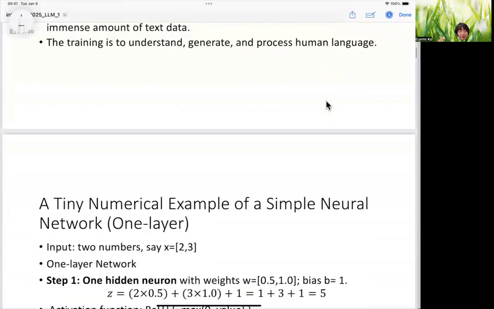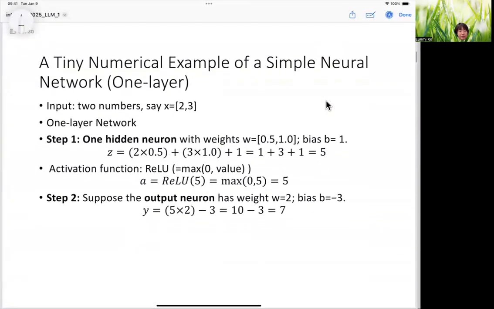Now let me give an example, actually two examples. One is a one-layer neural network and the other is a two-layer neural network. Let's start with the one-layer neural network. Suppose there is a vector of two numbers, say x equals 2 and 3.